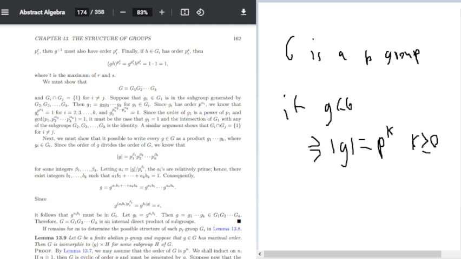Since the order of g1 is a power of p1, and the GCD of p1 and p2^a2 through pk^ak is equal to 1, it must be the case that g1 is equal to 1, and the intersection of G1 with any of the subgroups G2, G3 all the way up to Gk is the identity. A similar argument shows that Gi intersect Gj is equal to 1 for i not equal to j.